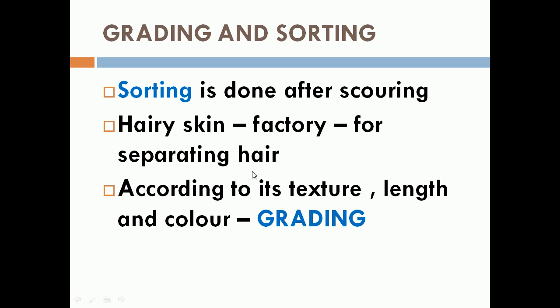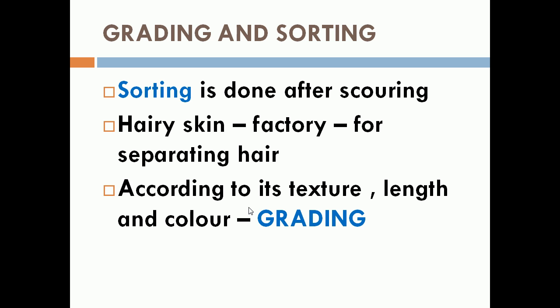After that, the wool is separated according to its texture, length and color. That is called grading. Grading is like in school, where we conduct tests to grade how much you have studied.